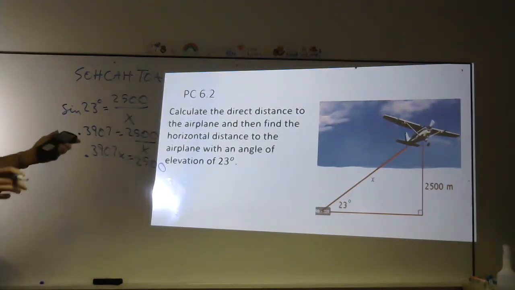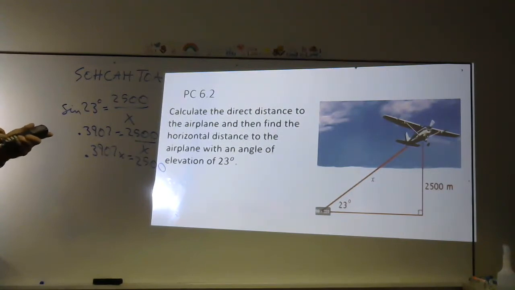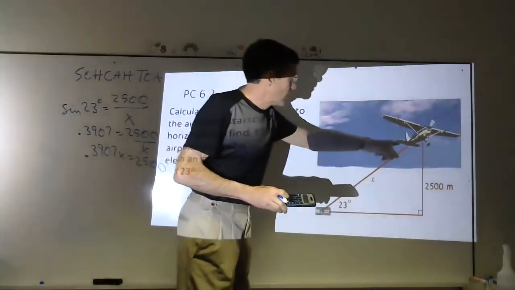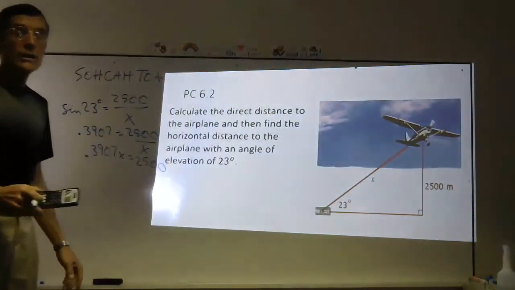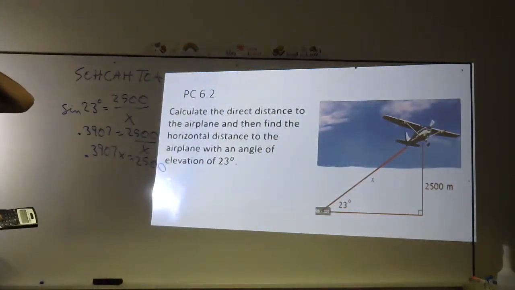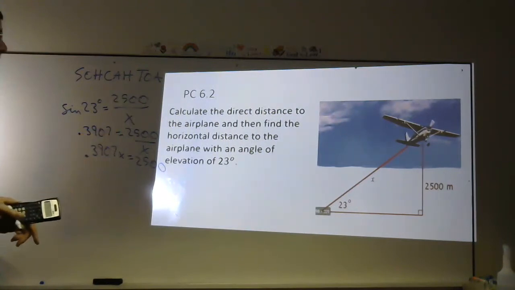Then solving equations, you've got to take 2500 and divide by 0.3907. And I get like 6,399 meters direct distance from you to the airplane. Okay? Now let's find the horizontal distance.